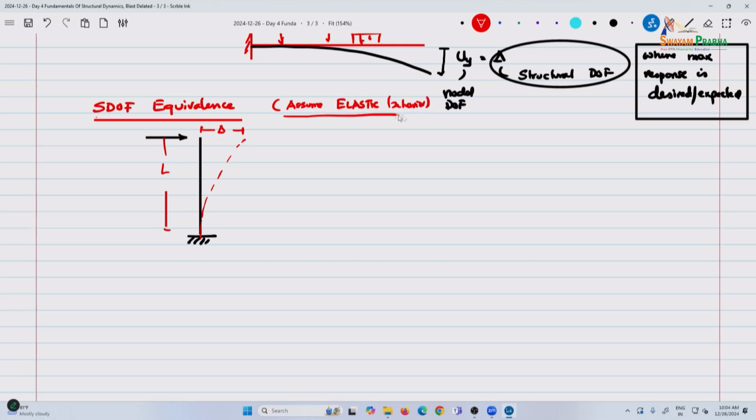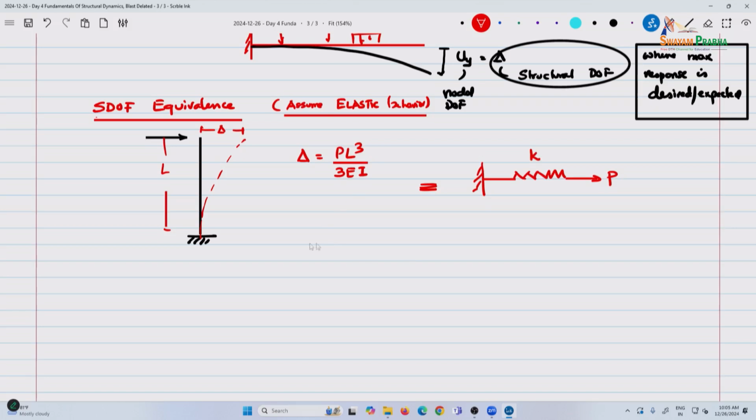What happens? We know that anything related to blast is likely not to be in the elastic range, so we'll see how to address that using some graphs. We know in this case delta is equal to PL cubed by 3EI. And so if I take this to be an equivalent spring and a load being applied, I haven't come to the mass part, we'll talk about that perhaps tomorrow.